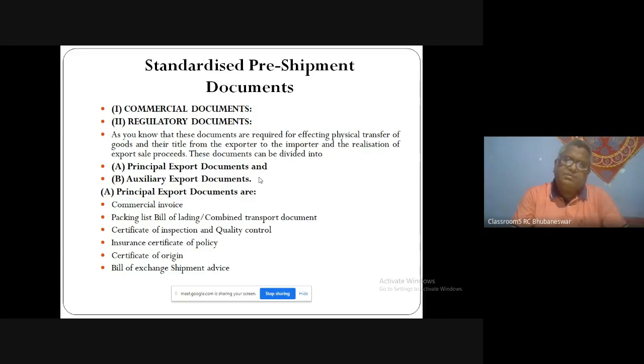Pre-shipment means before you send the goods into the ship, or near the boarding of the ship, some documents are required.